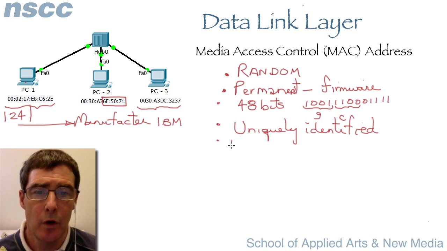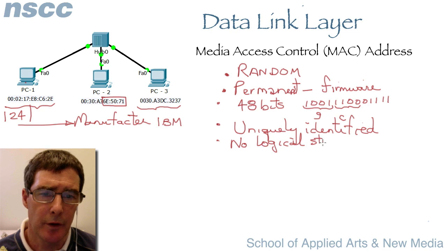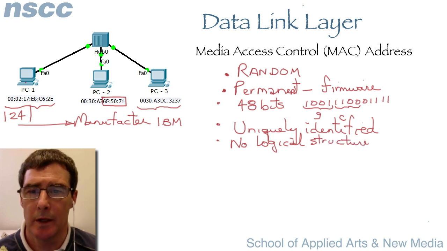So there's no real logical structure for this globally. That is, we can't say that, okay, there's a network card in India, I sort of know what its address is.